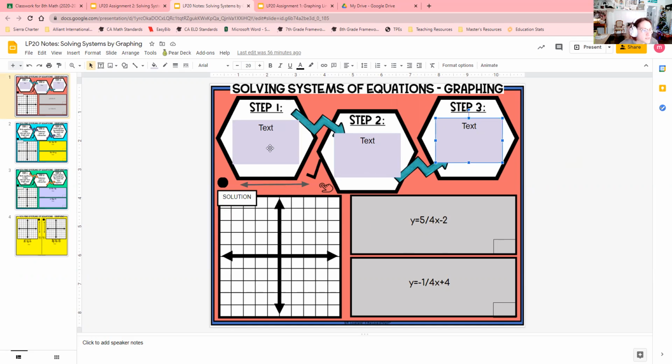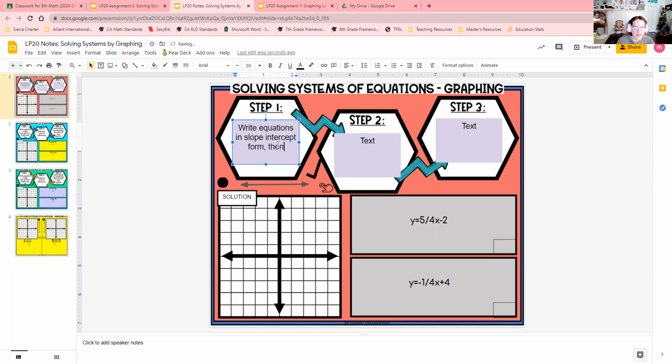Okay, so the first step is to make sure that your equations are written in slope-intercept form. So write equations in slope-intercept form. Then graph them.